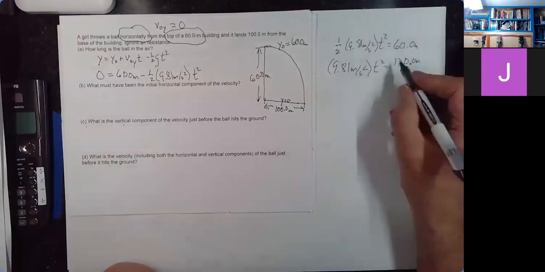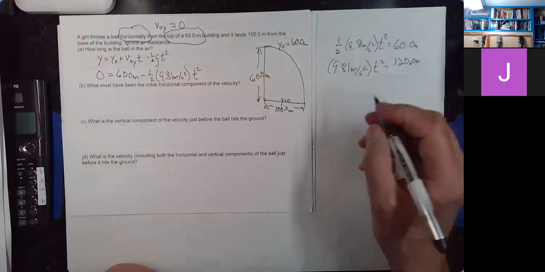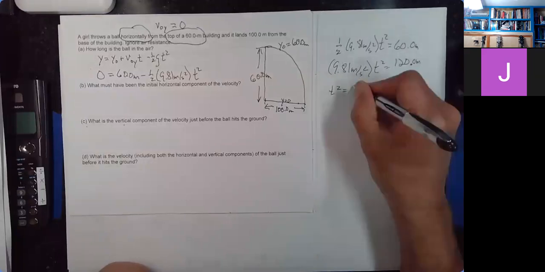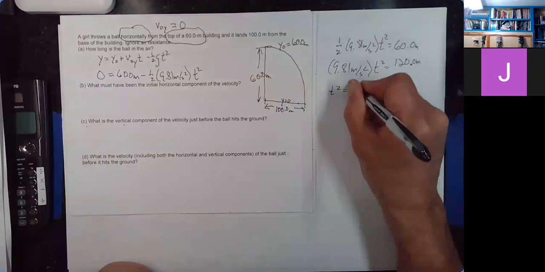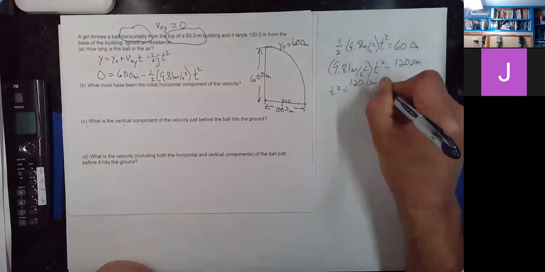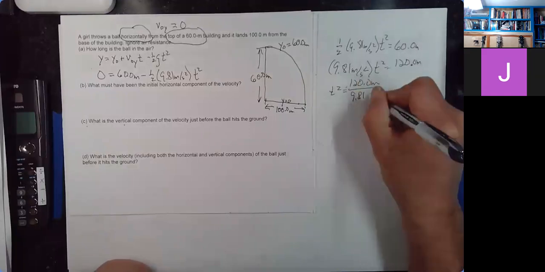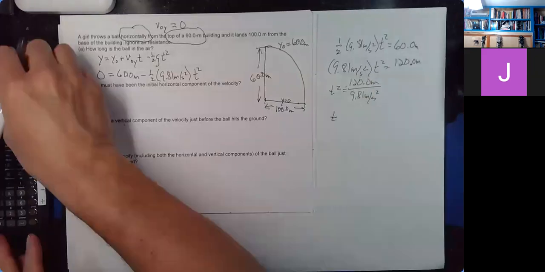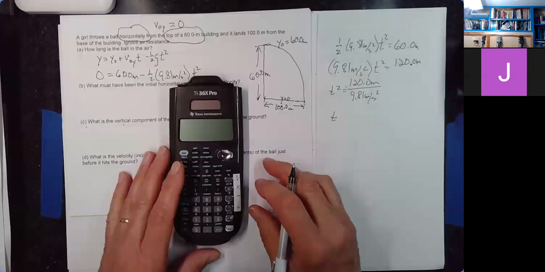And t squared will equal that thing divided by 9.81 meters per second squared. And t will equal the square root of that whole thing. So I'm just going to plug that square root into my calculator.